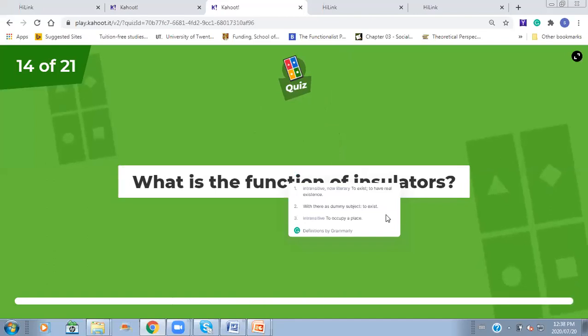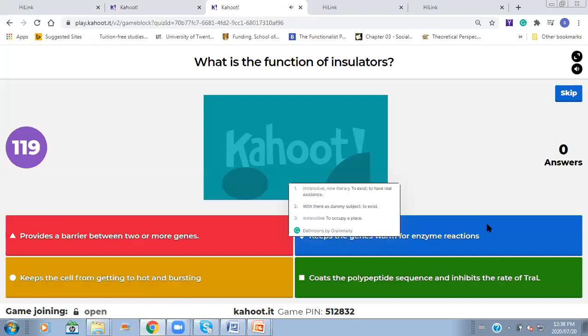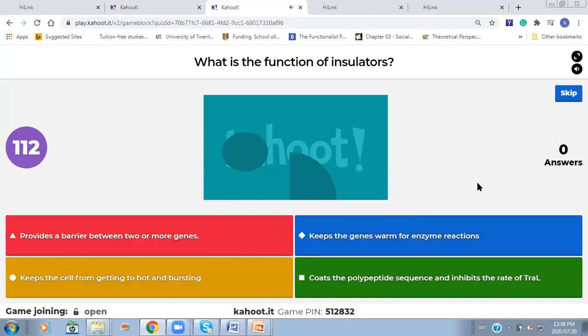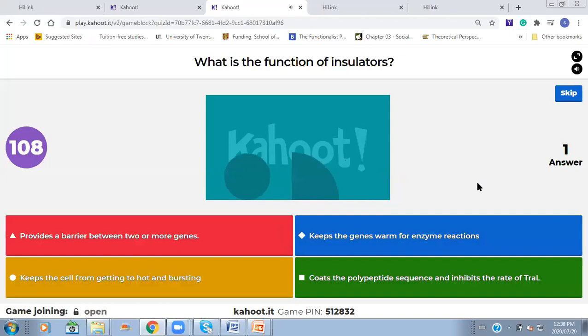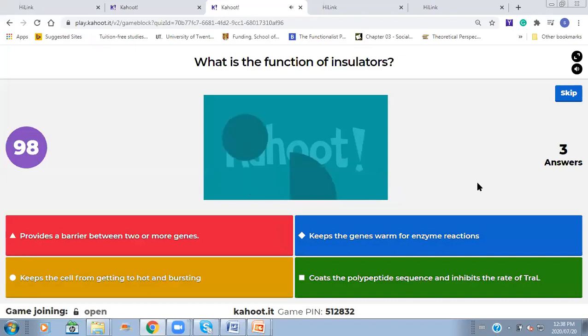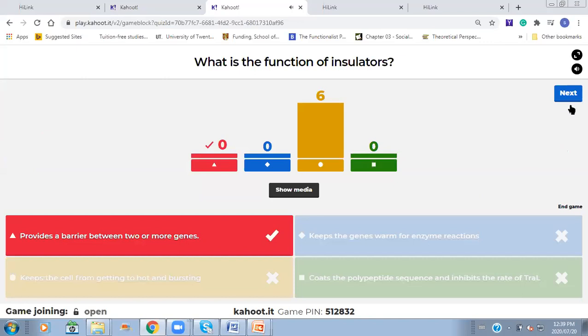What is the function of an insulator? Okay, that's correct.